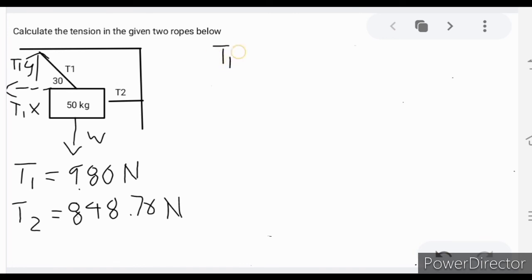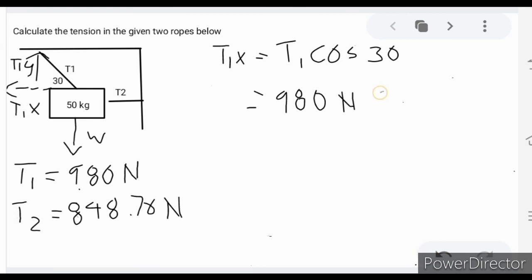Let us compute first the value along x, where Tx sub 1 equals T1 cosine 30. So what we get here is 980 Newton cosine 30.